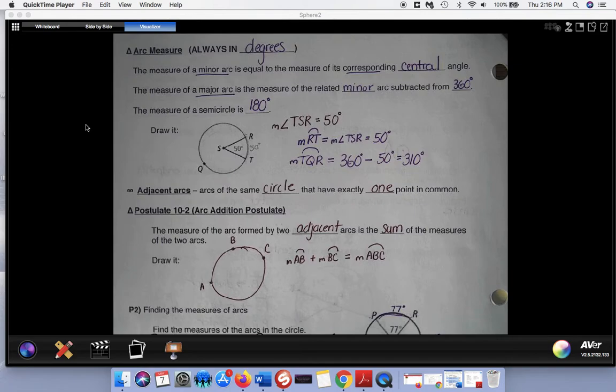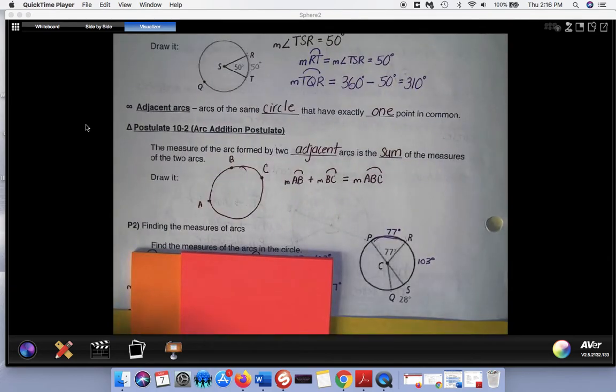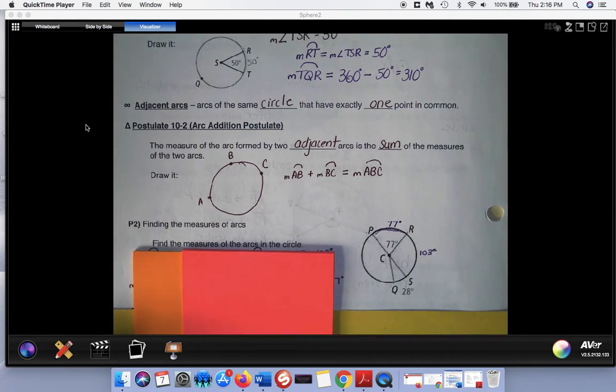All right, so there are some various measures in this next one. I'm going to cover up some things while we talk about it. Find the measures of the arcs.